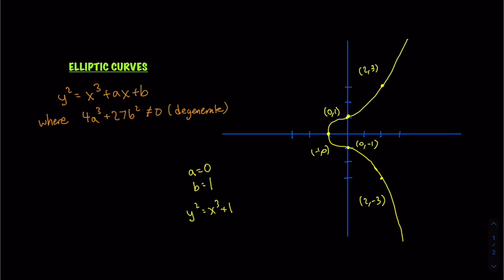I want you to notice that for every point besides negative 1, 0, there is a plus and a minus y value with the same x value. And that's because this curve is symmetric over the x-axis.